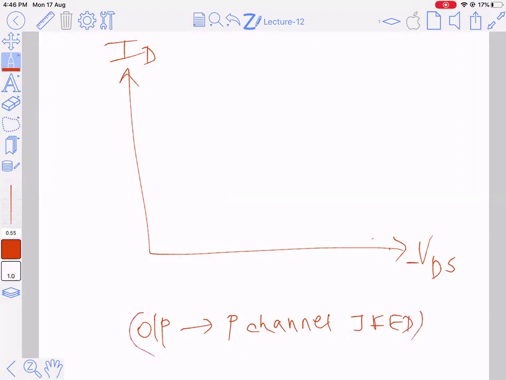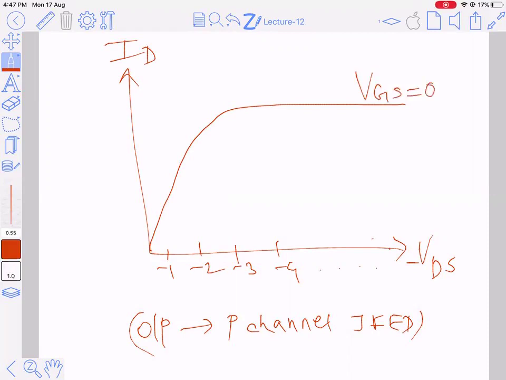So this is minus 1, minus 2, minus 3, all negative. What happens as you keep increasing VDS? Your current increases, and then the channel pinches off and current saturates. This is for VGS equal to 0 volts.